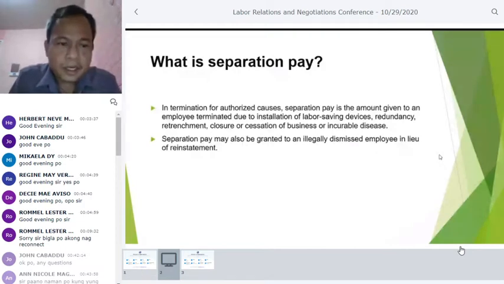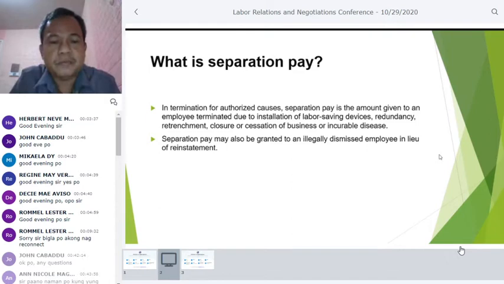Malicious misconduct, gross disobedience, habitual negligence, commission of a crime, breach of trust of employer, other analogous cases. If you look at those enumerated just causes, all of them are willfully done by the employee, maliciously done, with intent, with evil intent.